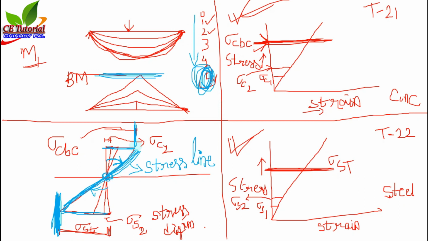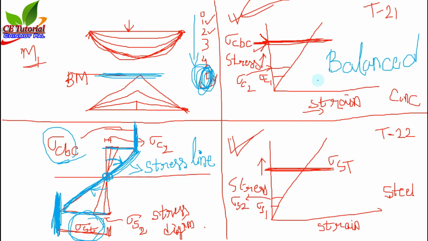It will rotate up to the limit where the IS code provides the ultimate limitation of stress of concrete and stress of steel, that is sigma CBC and sigma ST. Simultaneously concrete and steel both reach the maximum stress, and this section is called the balanced section.